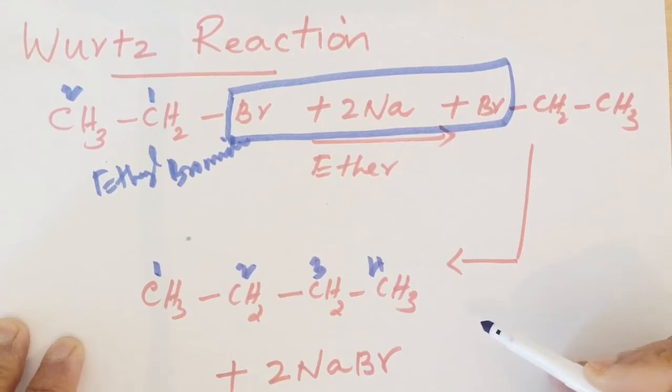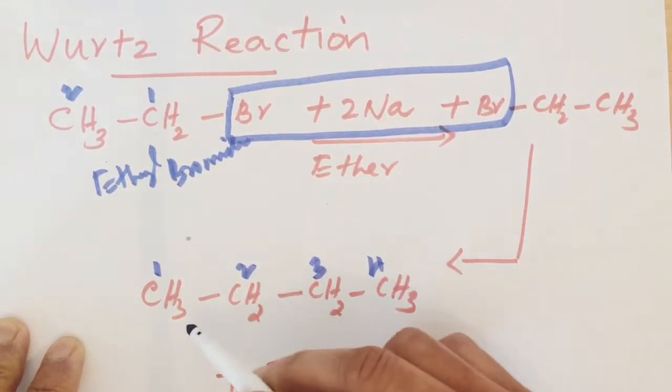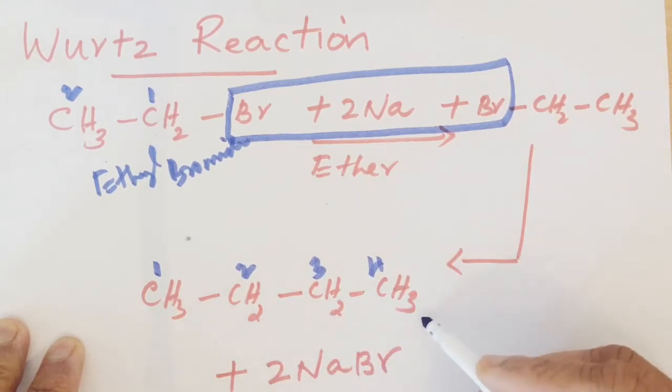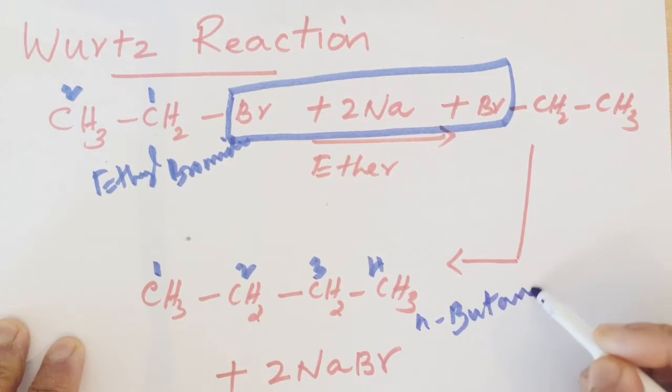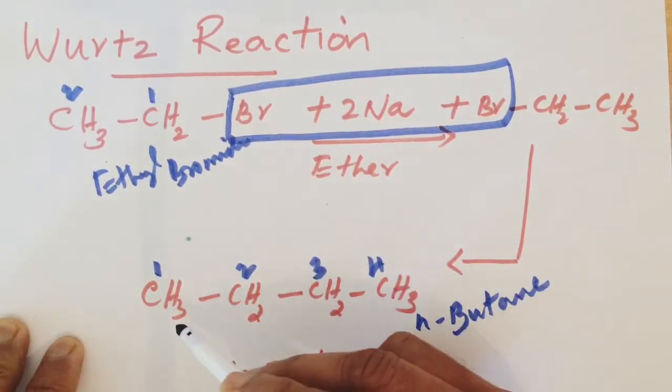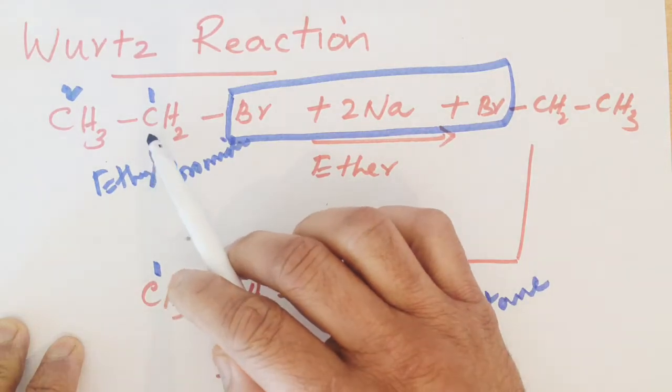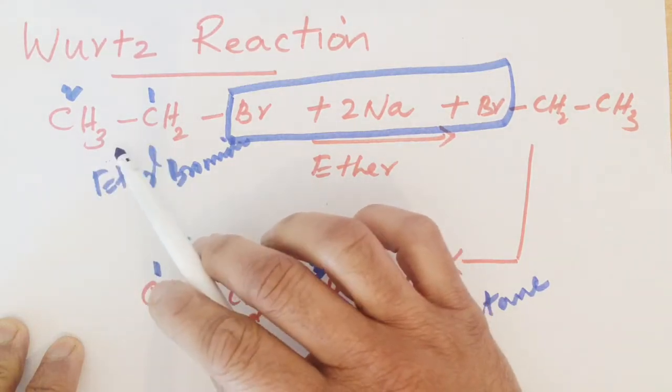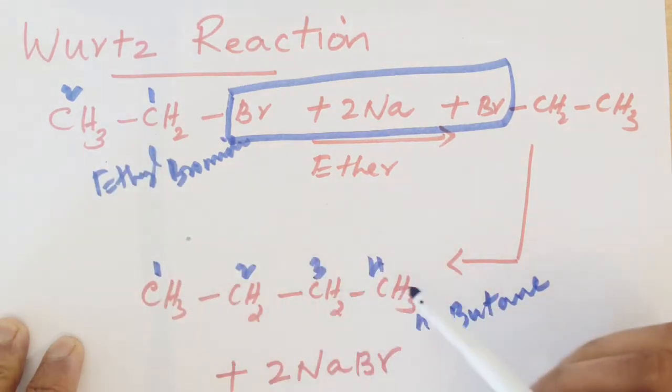The hydrocarbon with 4 carbon atoms and all single bonds is called normal butane. So we start from a hydrocarbon with 2 carbon atoms and result in the formation of 4 carbon atoms. So this is called Wurtz reaction.